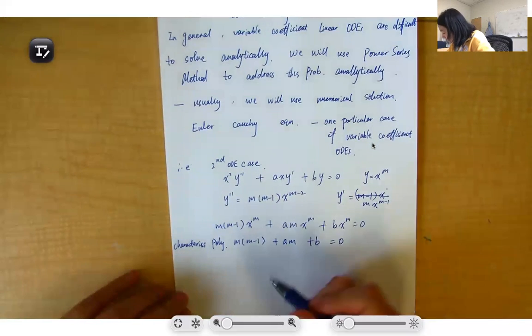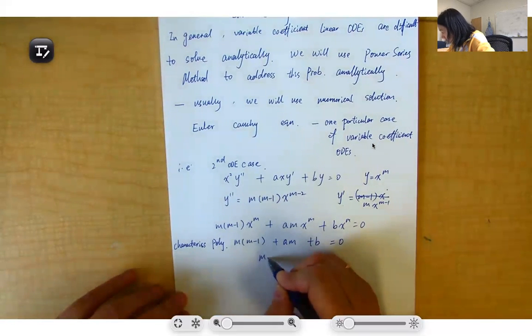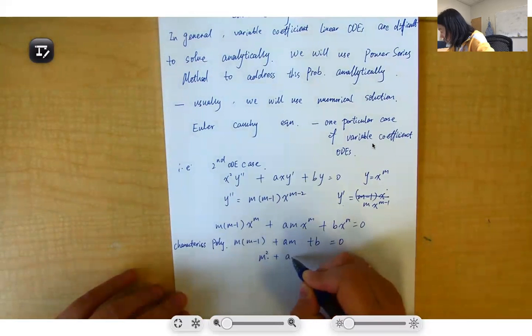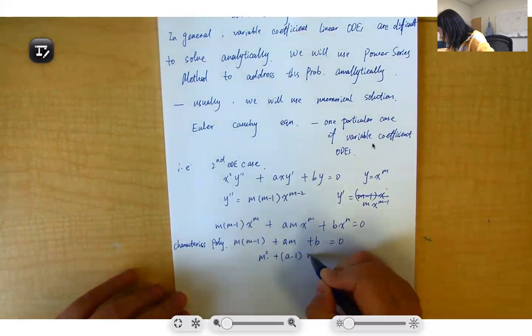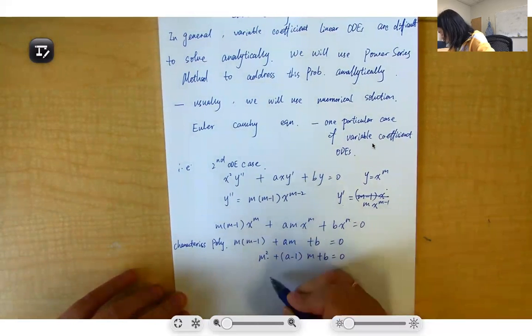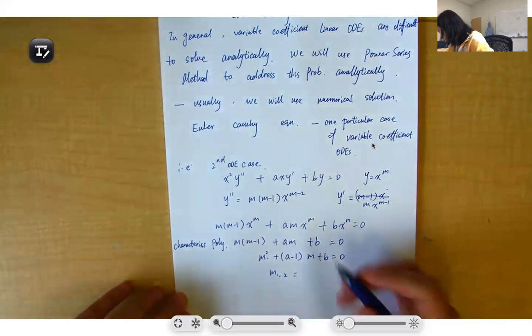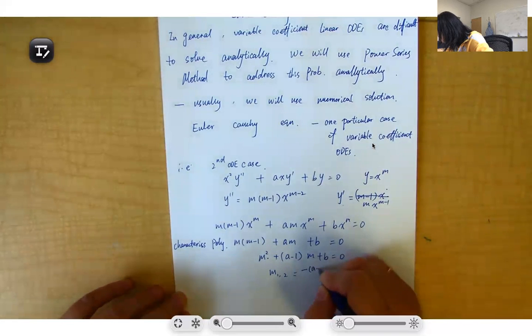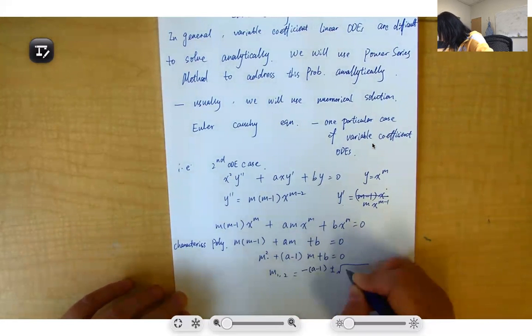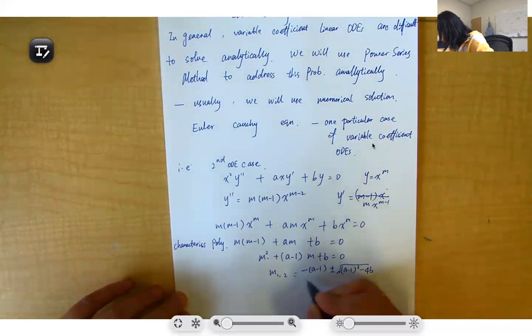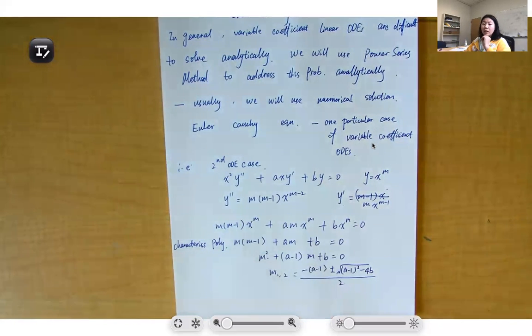So you get m squared plus (a minus 1) m plus b equals 0, and m1, 2 will be the roots of this equation: minus (a minus 1) plus or minus the square root of (a minus 1) squared minus 4b, divided by 2. And it really depends on the value of (a minus 1) squared minus 4b.